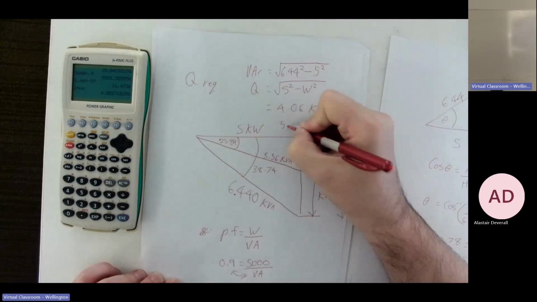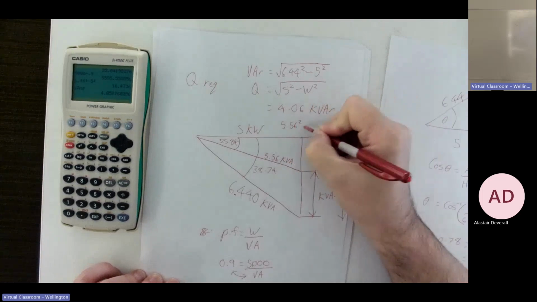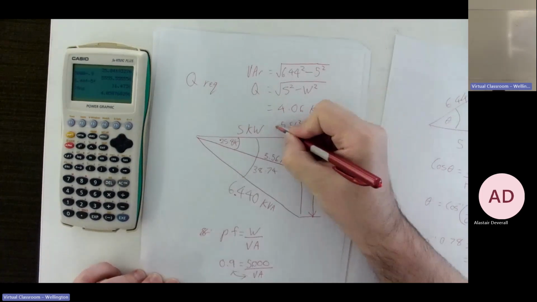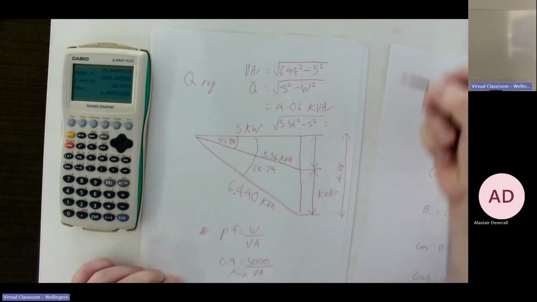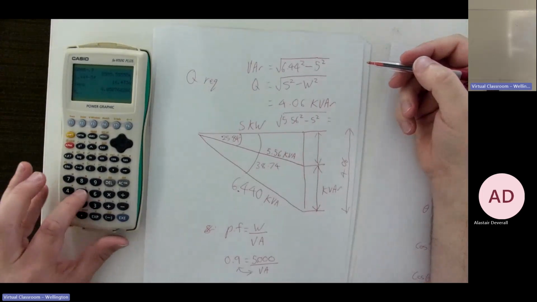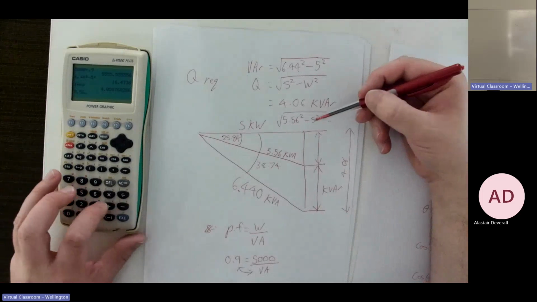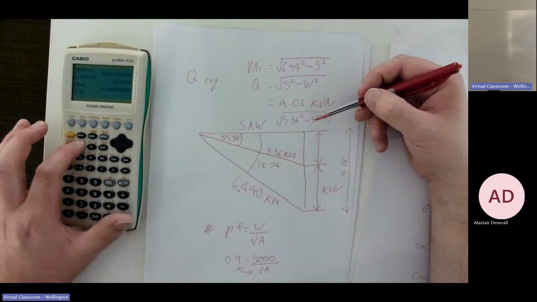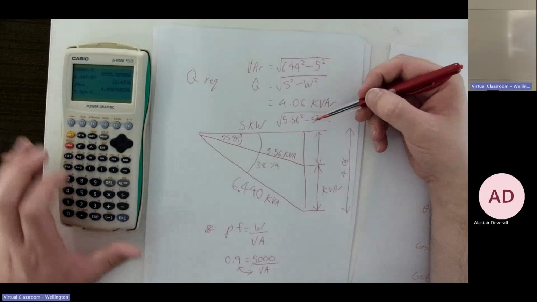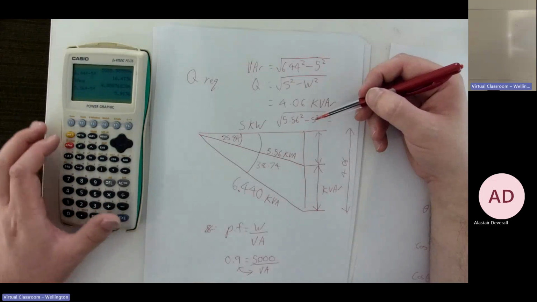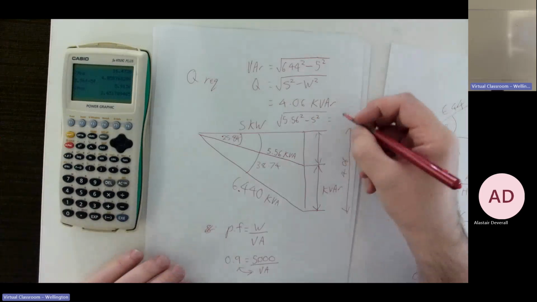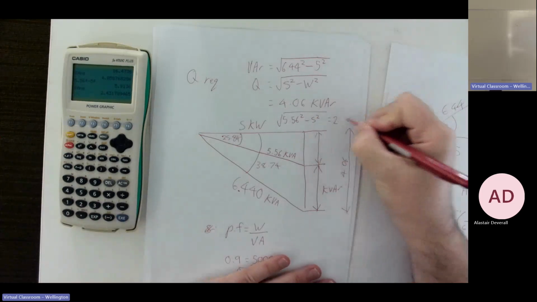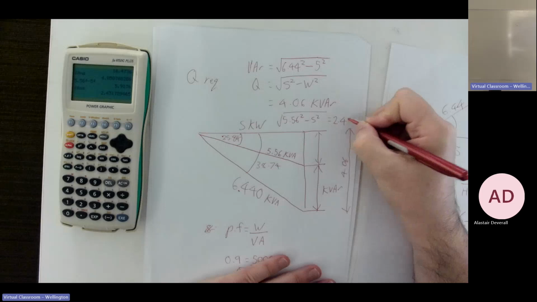So 5.56 squared minus 5 squared, square root of that, equals 2.431.